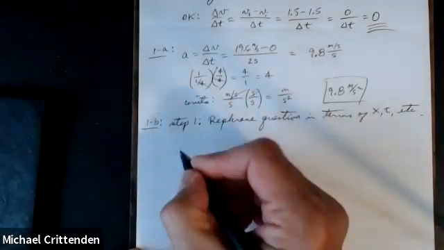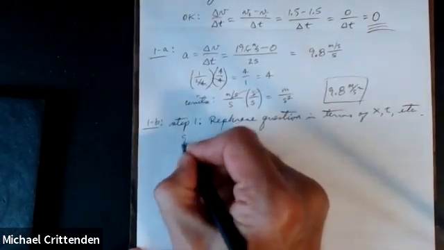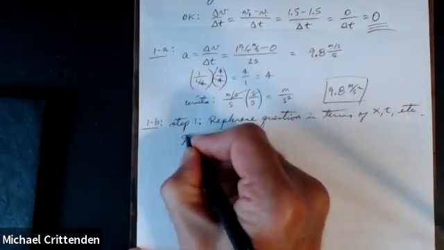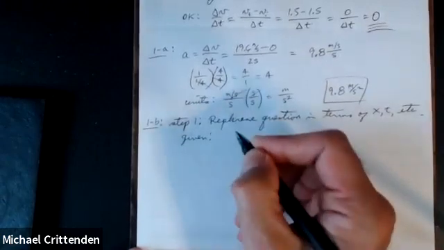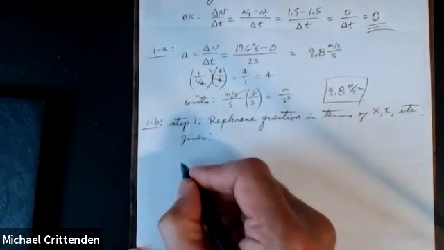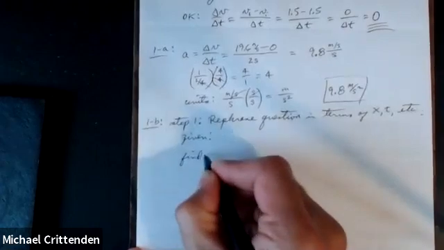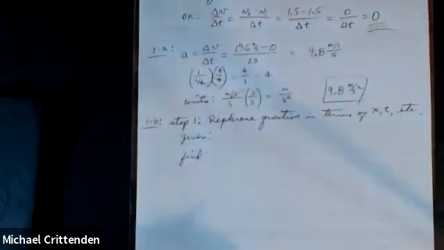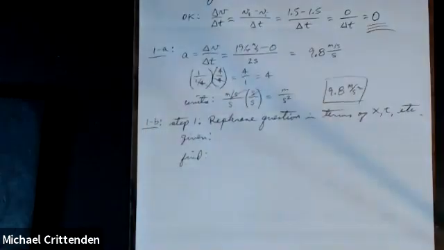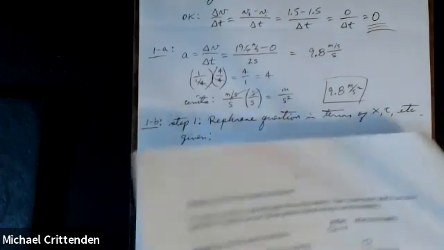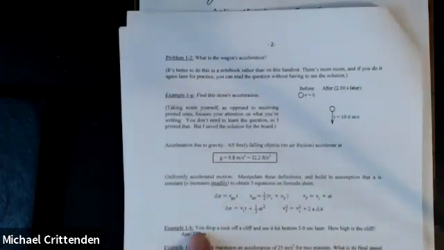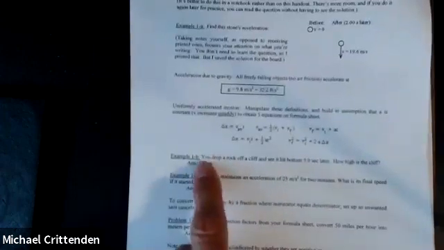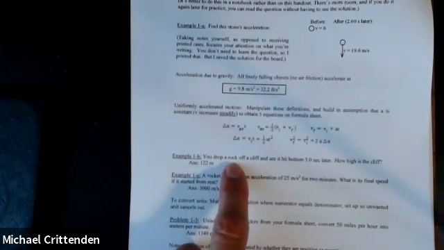So step 1, make a list. What are you given? In other words, what do you know as you start out? And what are you trying to find? So read back through the question and think about what each little piece of it is telling you. You drop a rock.